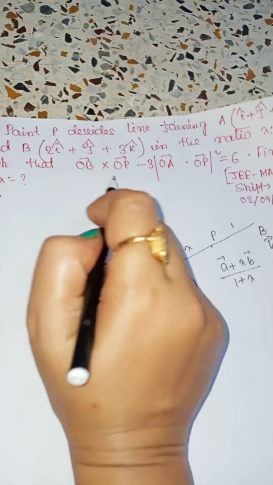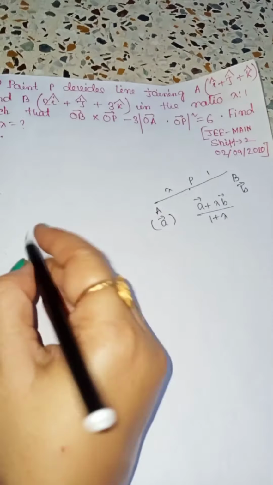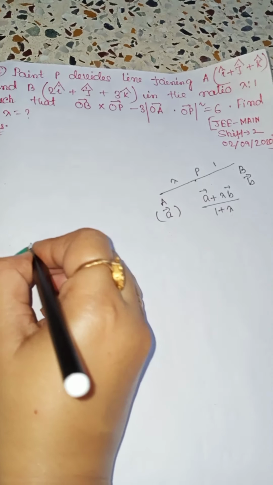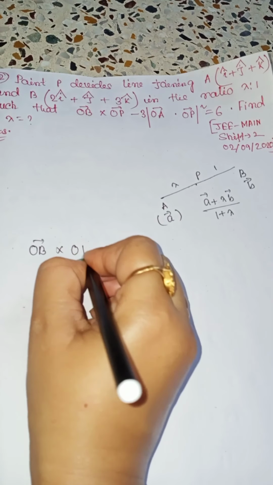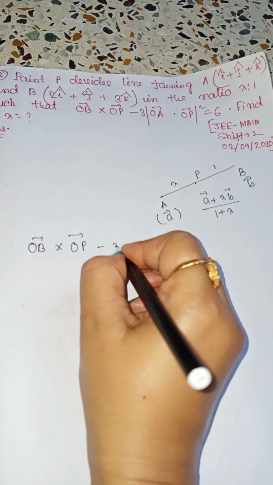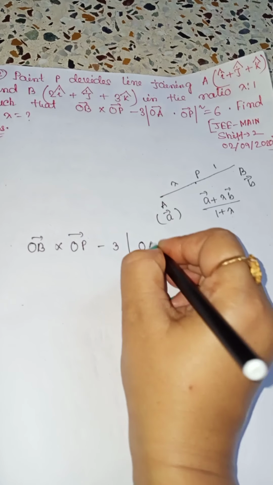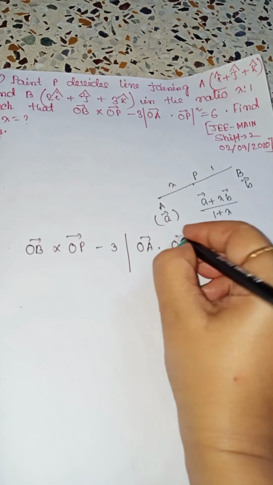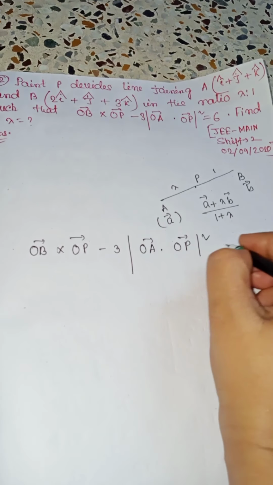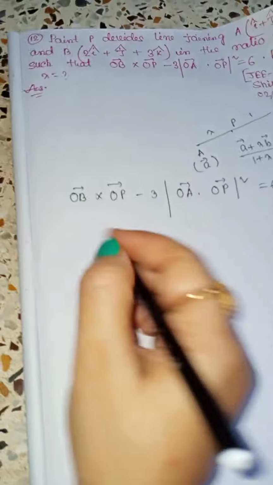Now our question says that a condition is given: mod of OB vector cross OP vector minus 3 of OA dot OP square is equal to 6.